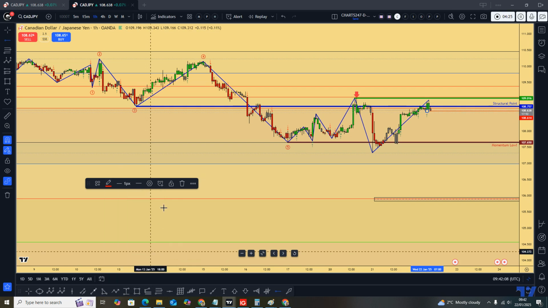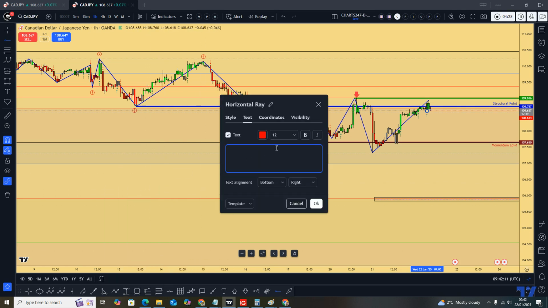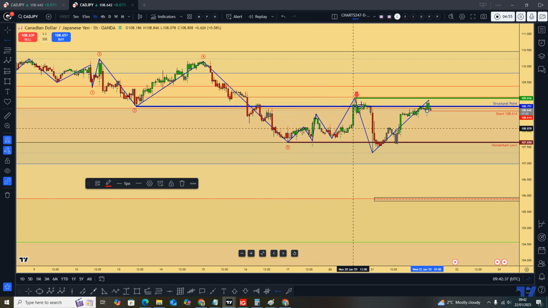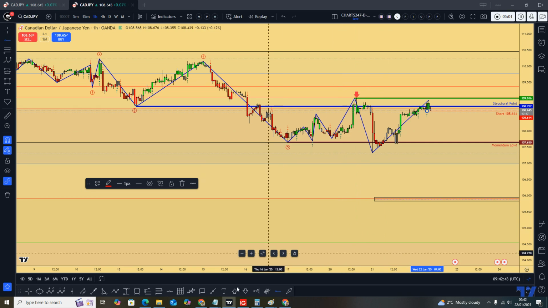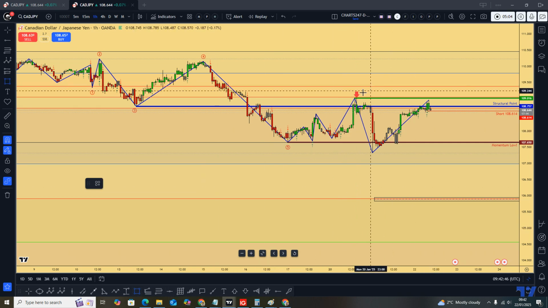So that will be your short price point. 108,614. And automatically, if we take a shot there, the stop loss will come above here, the high of 0.